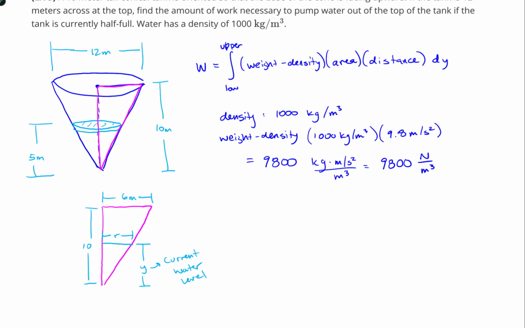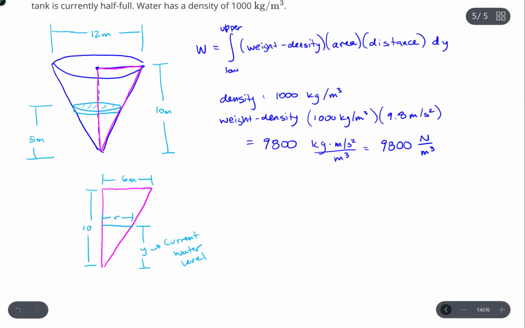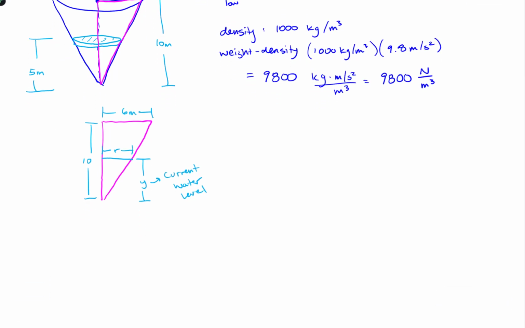Now, this is a tricky thing for students to see, but geometrically, what we have are 2 triangles. So I have the bigger triangle, which is pink, and a smaller triangle, which I'm going to make green. Now, these triangles are similar, and I know they're similar because, number one, they're both right triangles.